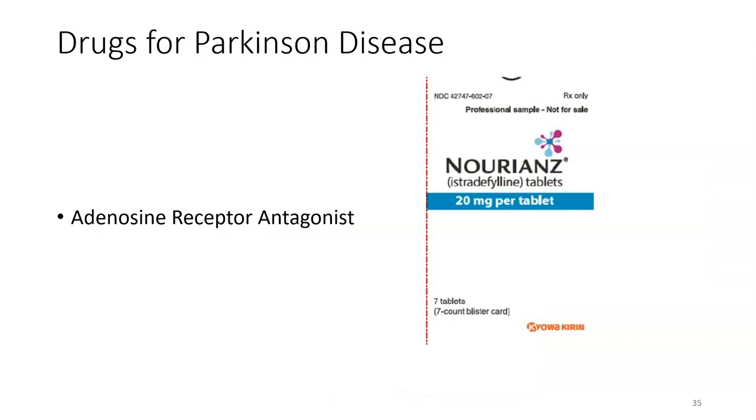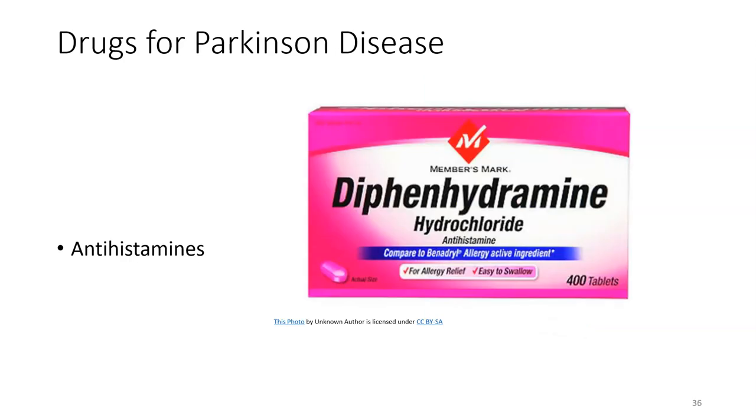Adenosine antagonists are used to treat OFF episodes, which are worsening of symptoms in patients who are already taking carbidopa-levodopa. The drug is istradefylline, which is Nourianz, and then antihistamines, which have anticholinergic effects. So diphenhydramine, which is commonly known as Benadryl, could be used instead of the benztropine.